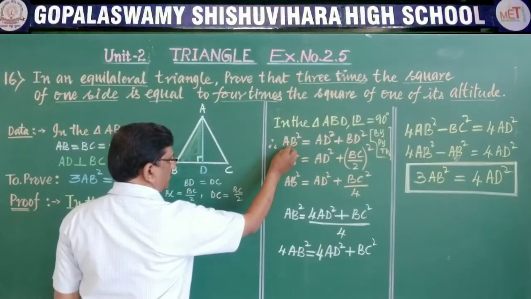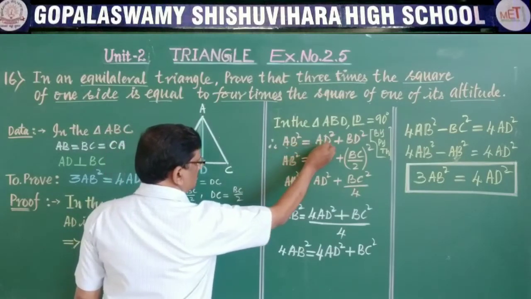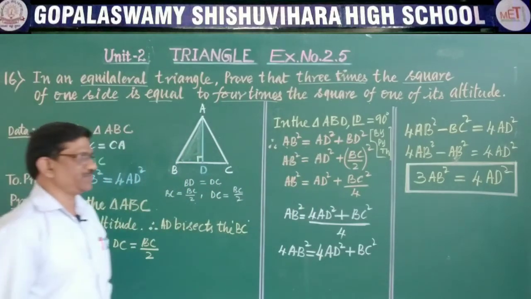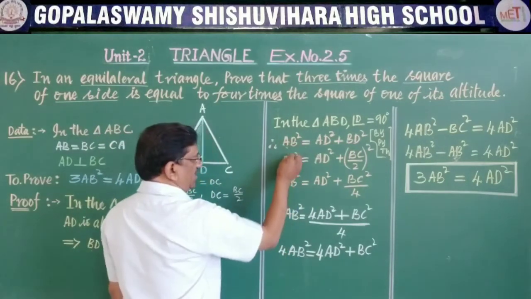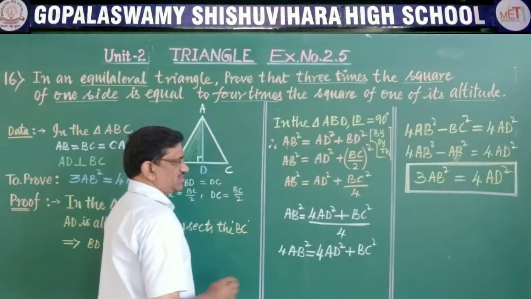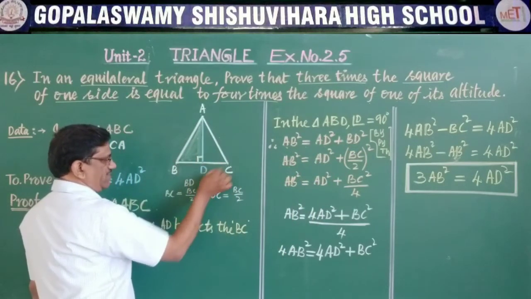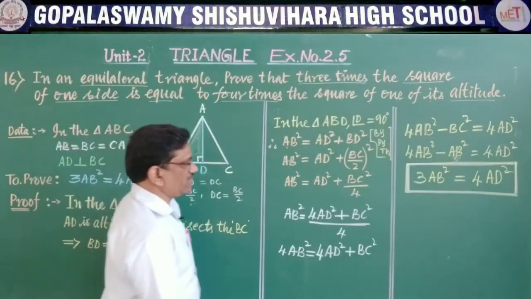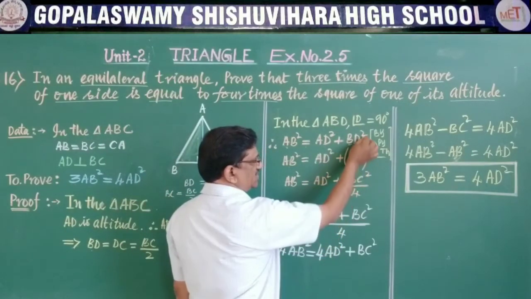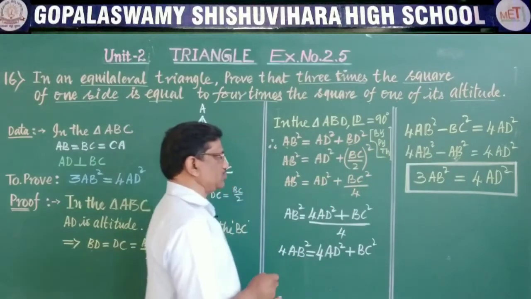The square on the hypotenuse is equal to the sum of the squares of the other two sides. Clear, children? So here AB I am keeping as such, is equal to AD, but the length of BD is equal to half of BC. Therefore, in place of BD, we can substitute BC by 2. Since it is having square, we can put whole square to BC by 2.